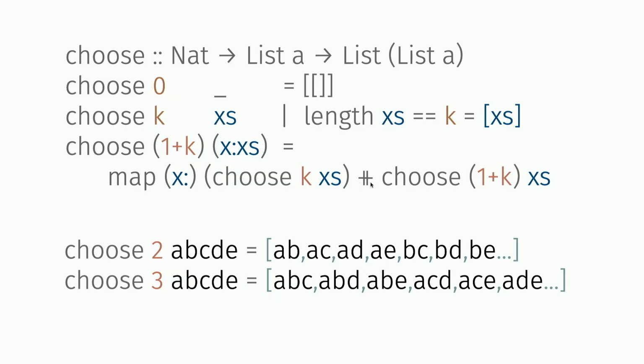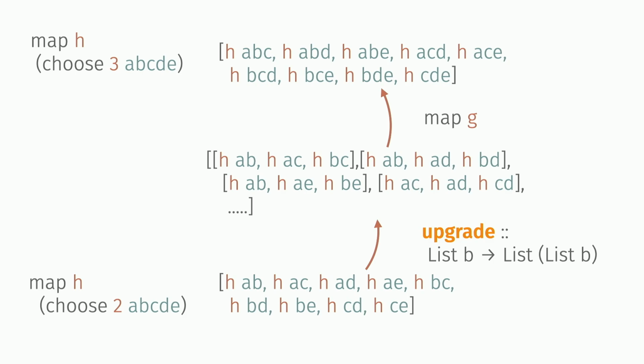Okay, now that we have choose, we realize that level 2 is actually the result of map h after choose 2, and level 3 is actually the result of map h after choose 3. And what about level 2.5? If we can say clearly what it is, then we have a specification for upgrade. But what is it?